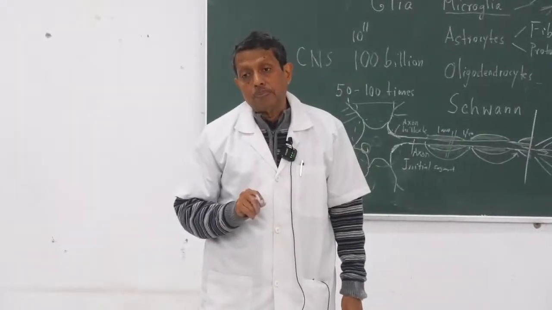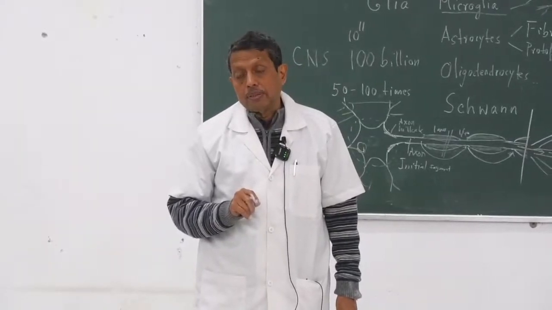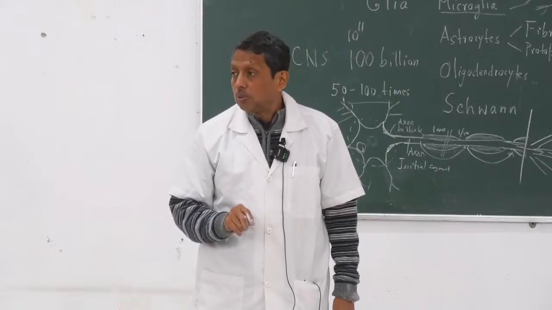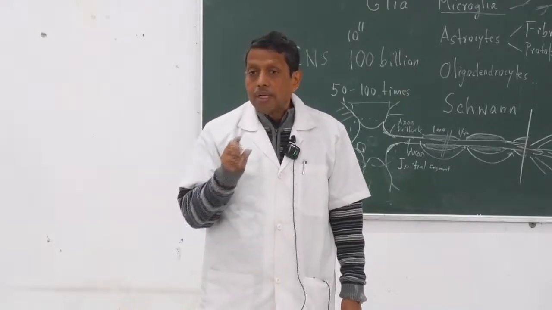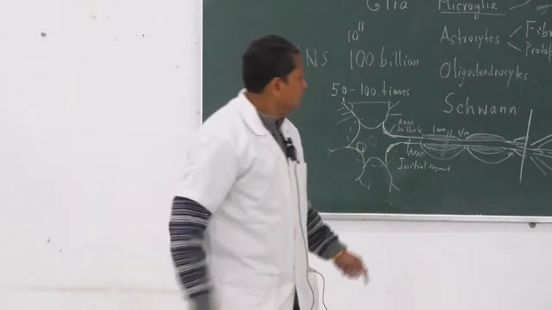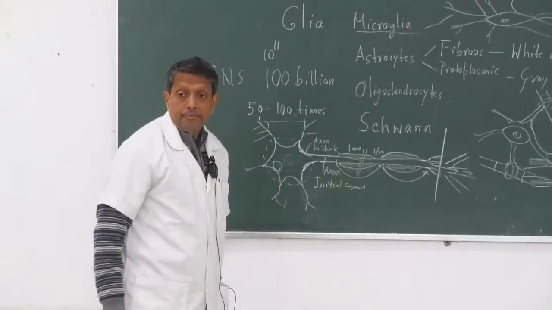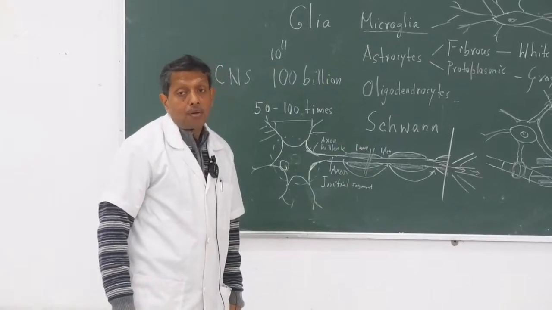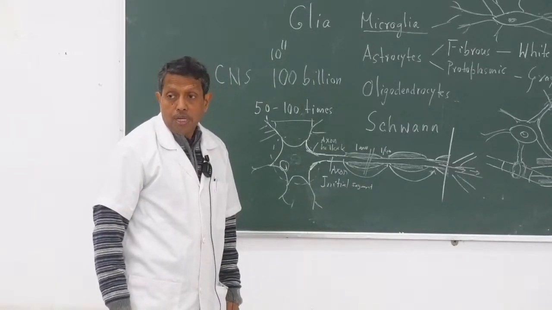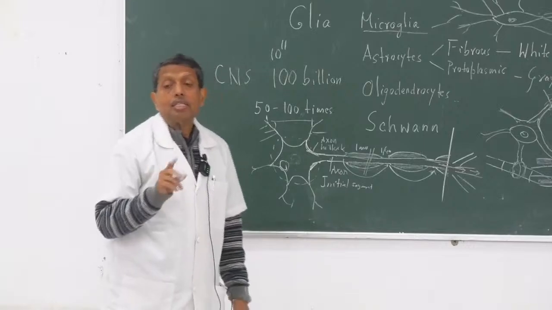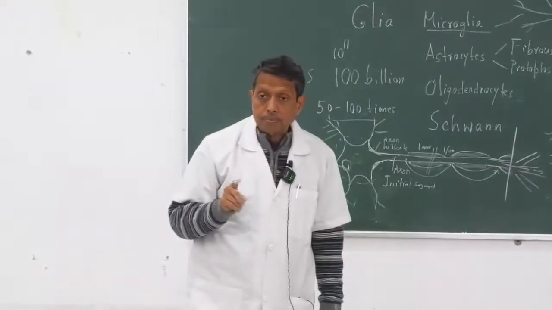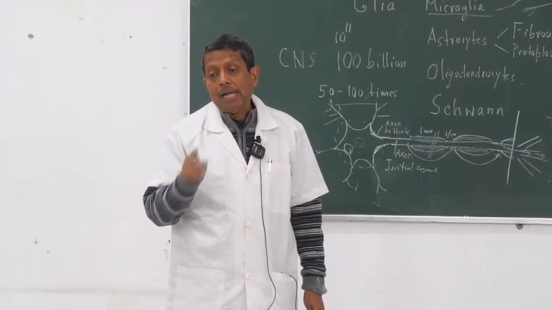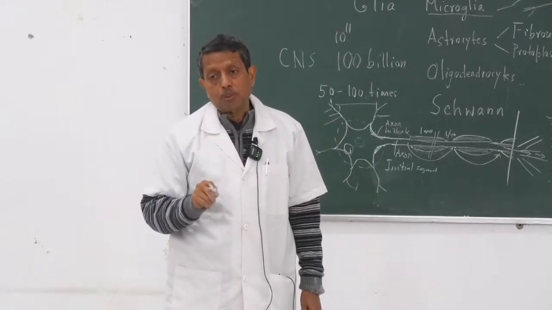The path is the microtubules, over which they carry this substance from the cell body to the periphery. It is the anterograde transport. Quick transport is 400 millimeters per day, and slow transport is 0.5 to 1 millimeter per day. Kinesin is primarily responsible.